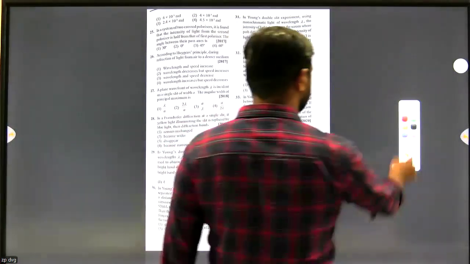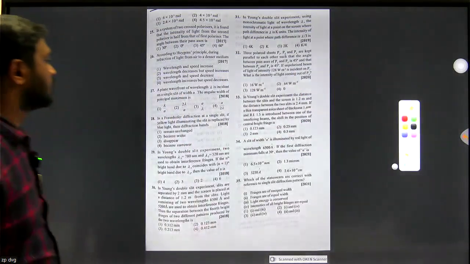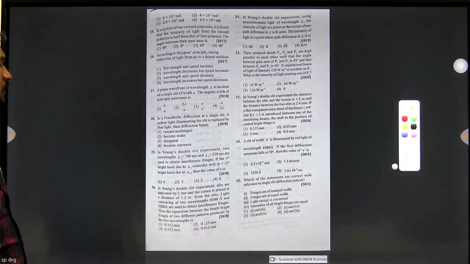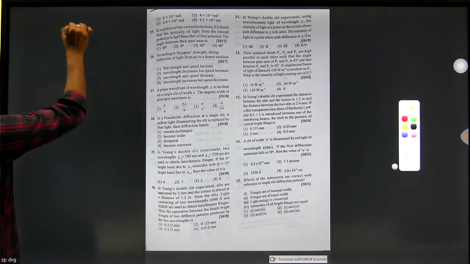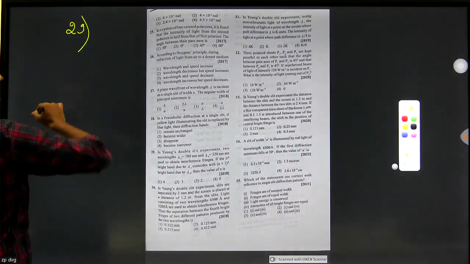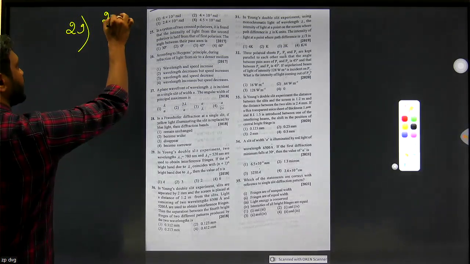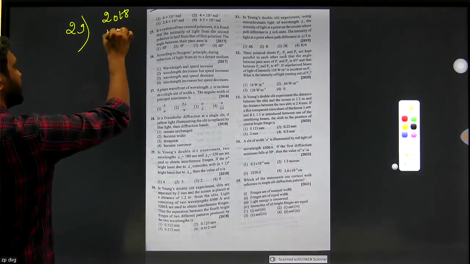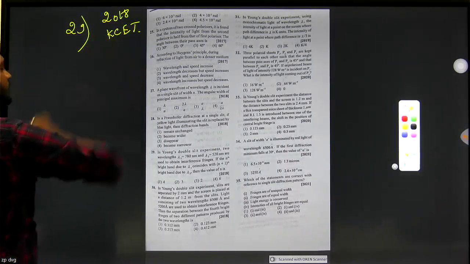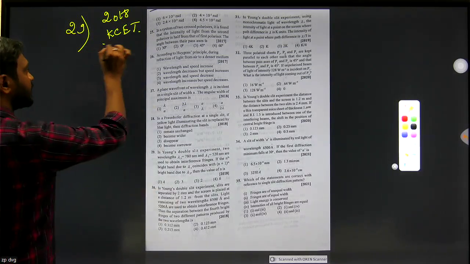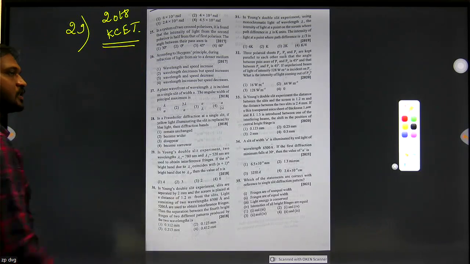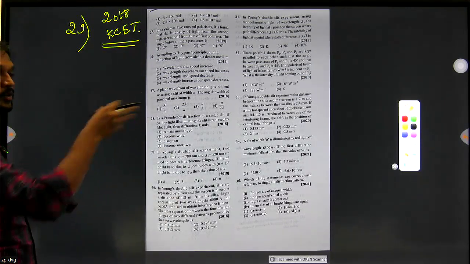Next, in Young's double slit experiment, question number 29, from 2018 KCET. Most of the questions in the previous years are from Young's double slit experiment only.